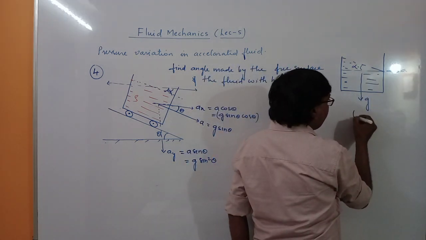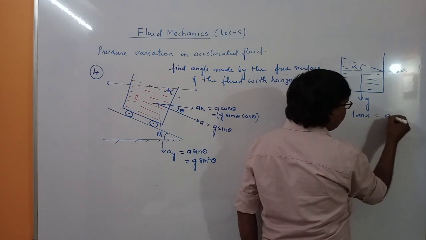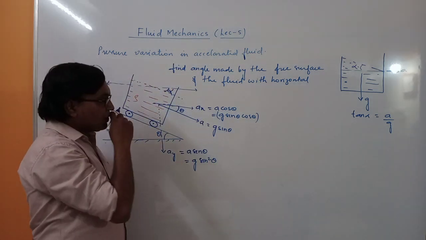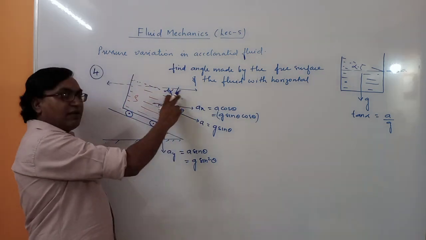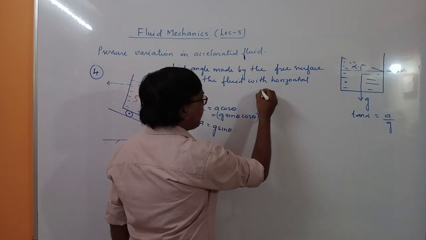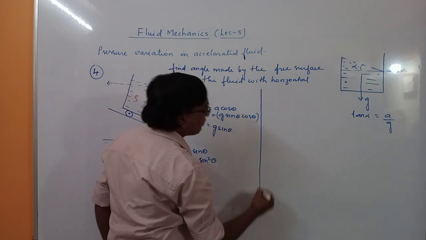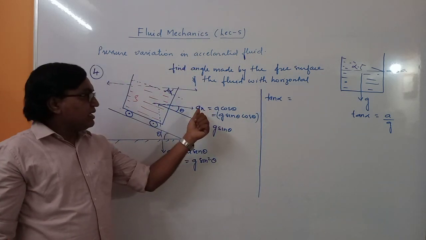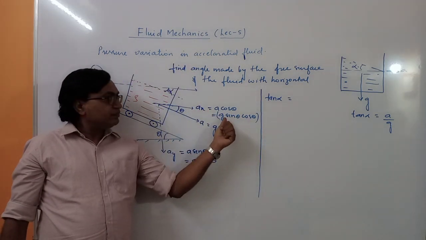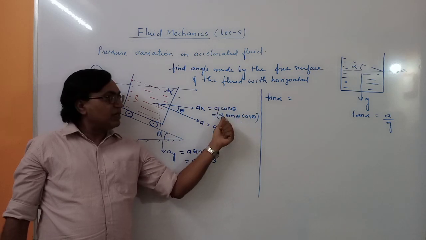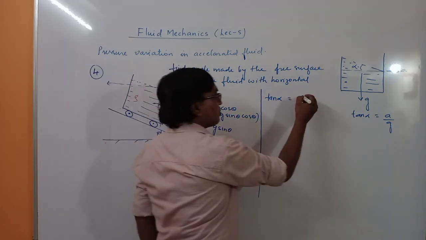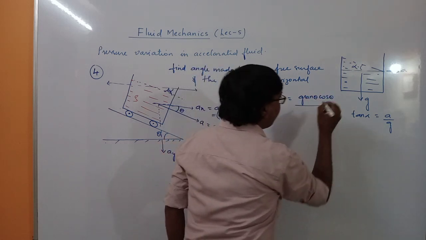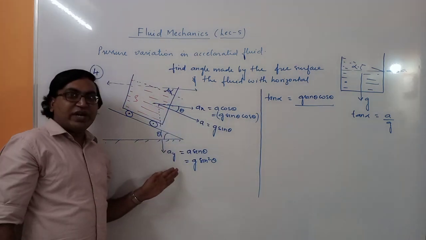Then here we found out tan alpha as a by g. Fine. So here tan alpha should be equal to acceleration along horizontal direction, that is a cos theta, that is nothing but g sin theta cos theta, divided by acceleration along vertical direction.